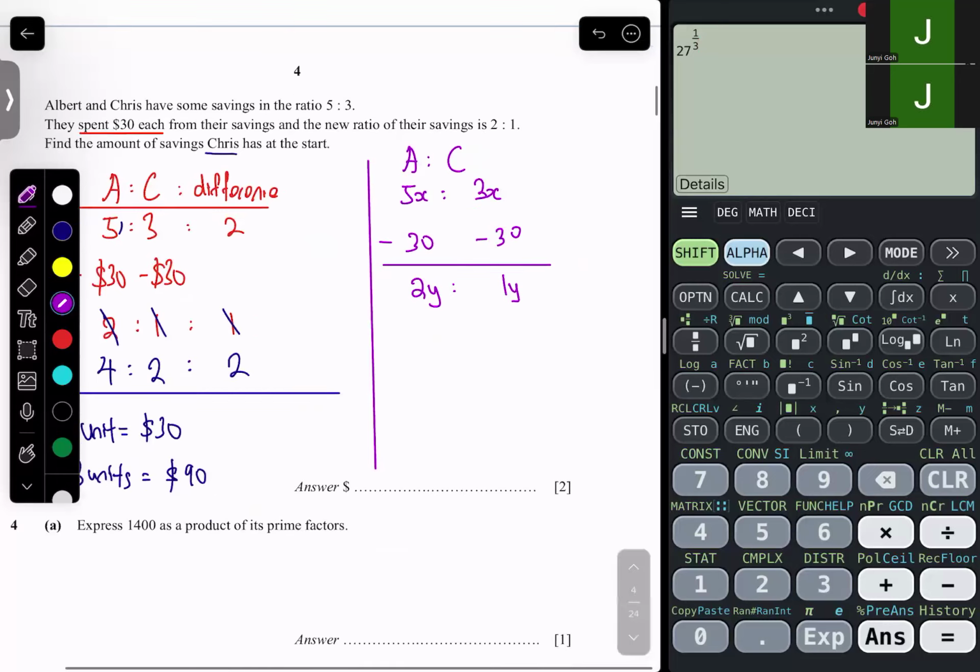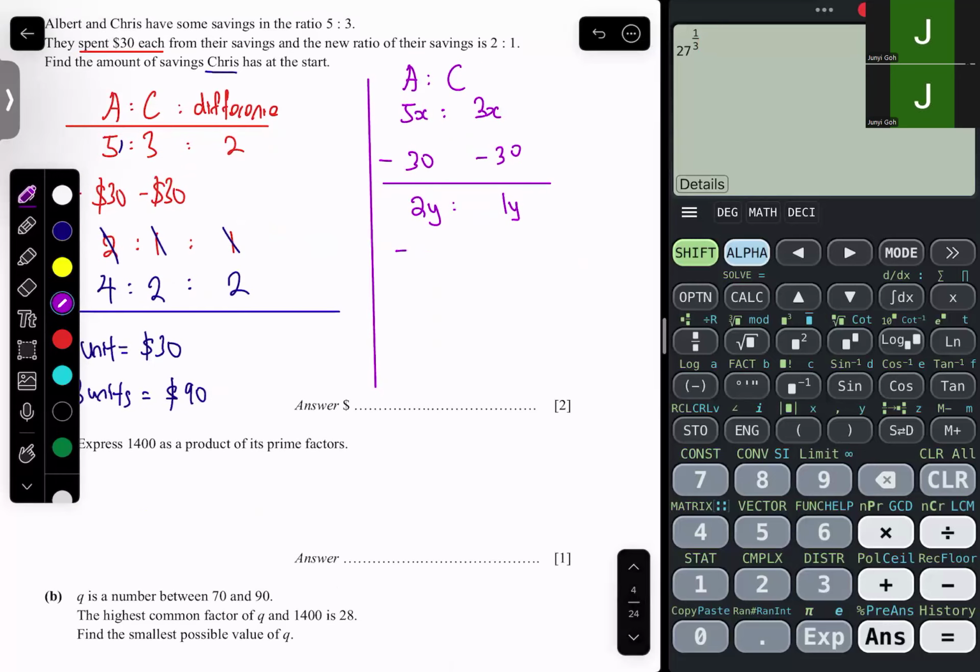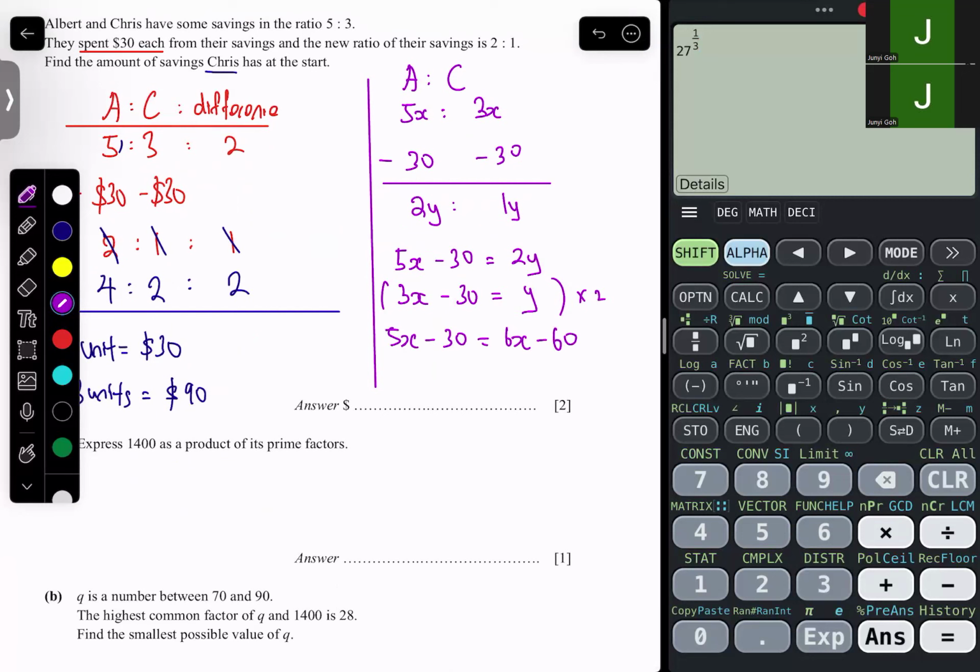From here we can set up two equations. 5x minus 30 equals 2y. 3x minus 30 equals y. Now, if I take this equation and I times 2, I will get 5x minus 30 equals 6x minus 60.